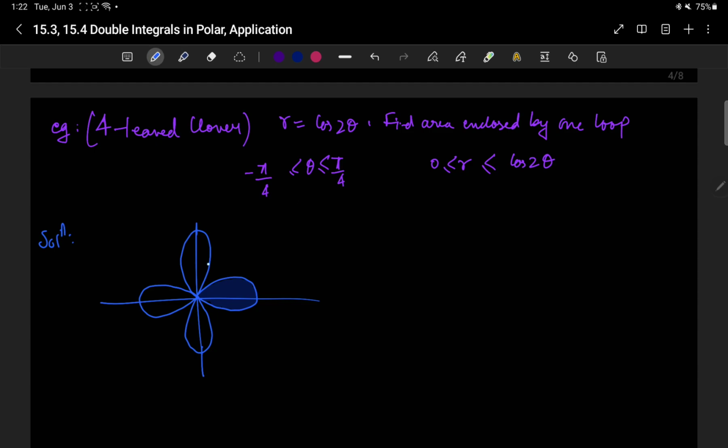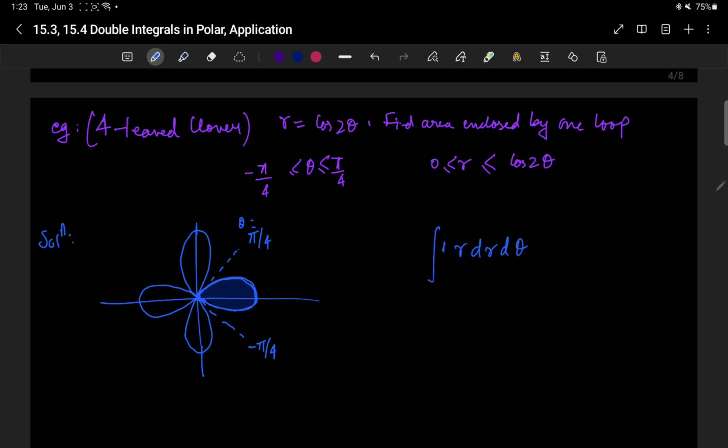So we're only interested in the area formed by this one loop. The values of theta are given to us, which are negative pi over 4 to pi over 4, and r is between 0 and cosine 2 theta. What does that mean? Here's the point 0, and on this boundary, r is cosine 2 theta. So we have r dr d theta.